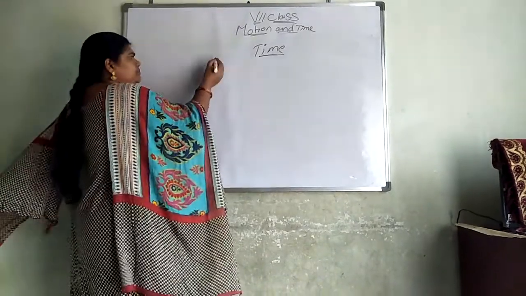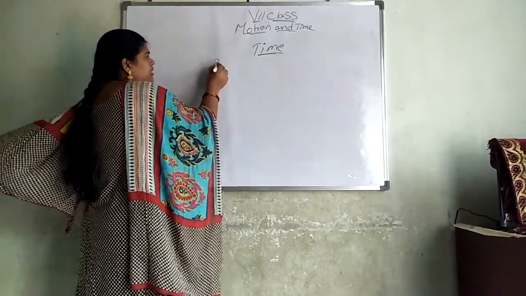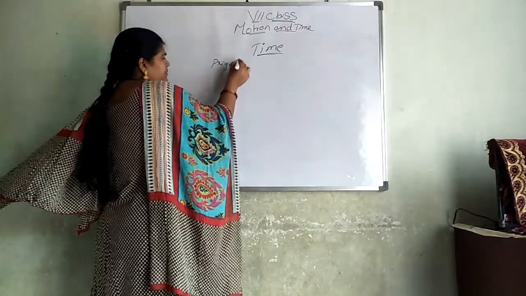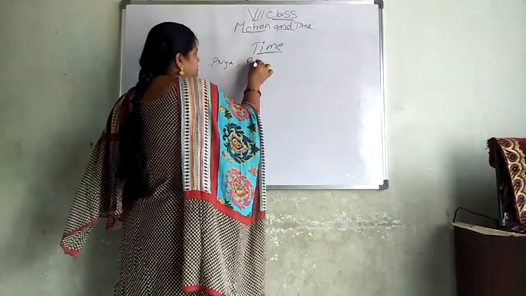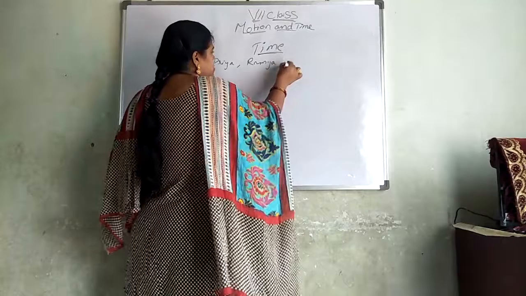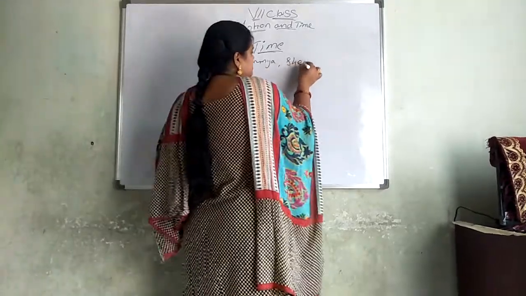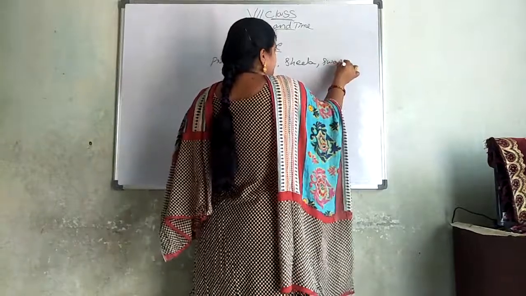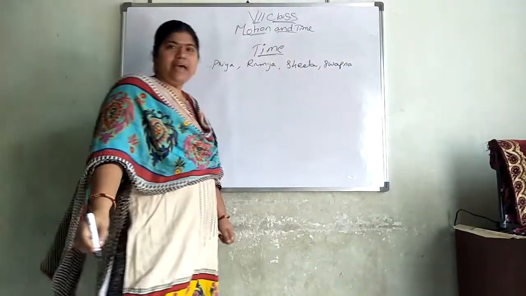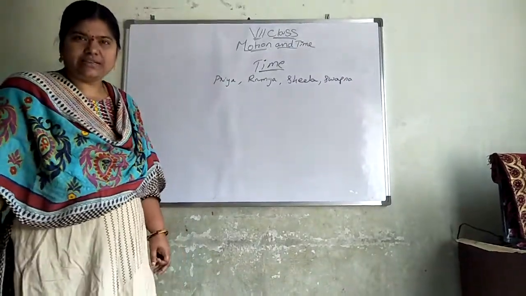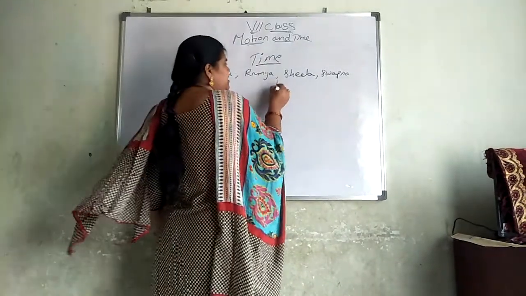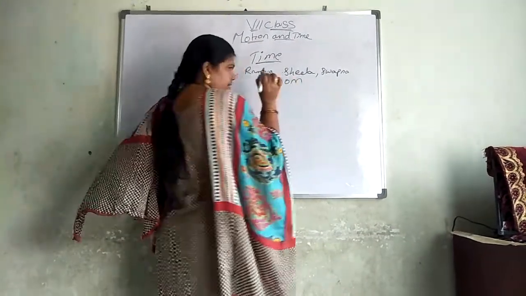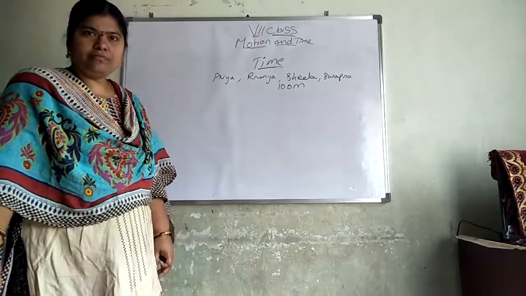A small example was given in your textbook. Priya, Ramya, Sheila, then Swapna are participating in a running race competition. How many meters? They are running a 100 meters race.